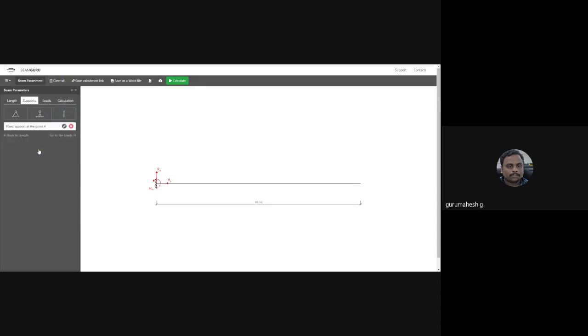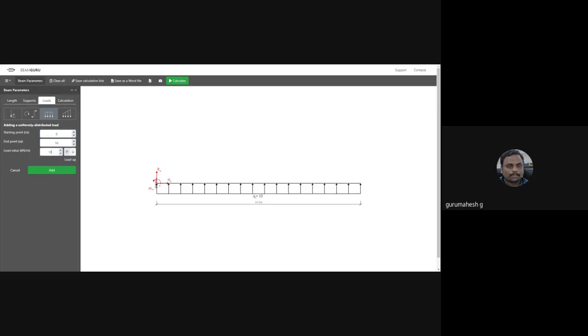Then the load is a uniformly distributed load as given, starting at 0, ending at 10, with load value 10, and the load acting in the downward direction.